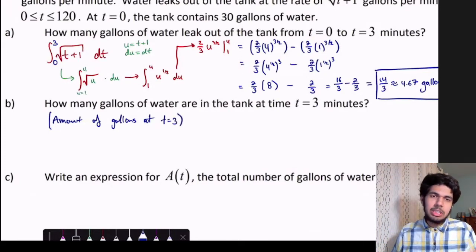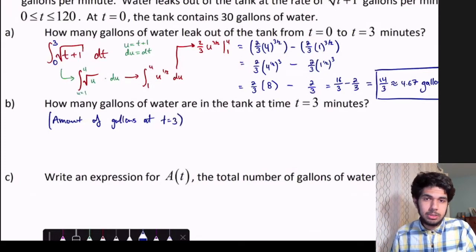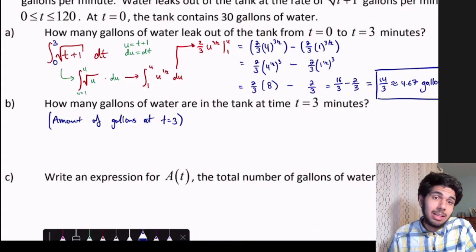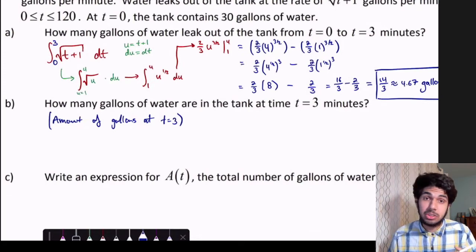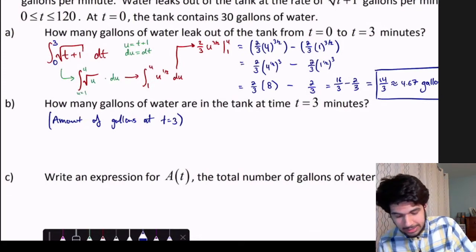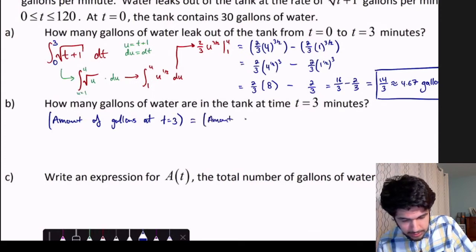well, that's going to equal the starting amount, how much water was in there initially, and then we'll add to that however many gallons were added in those 3 minutes, and from that we'll subtract out how much left the tank in those 3 minutes. So this would be amount at t equals 0, so the starting point.